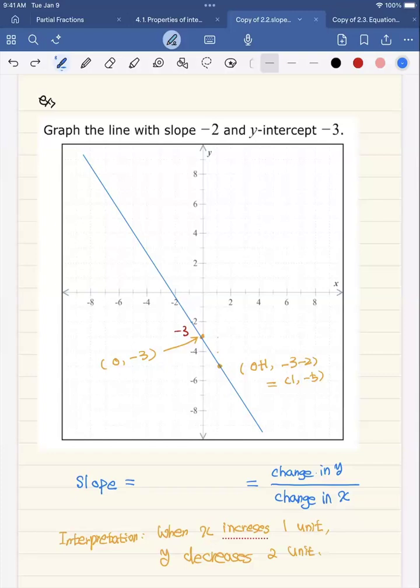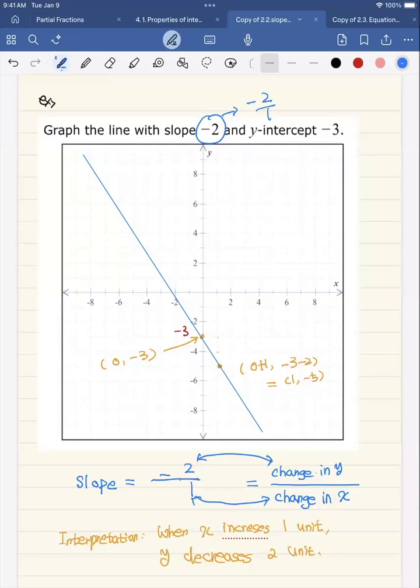Let's draw the graph of the line with a slope -2 and y-intercept -3. Slope -2 means slope is -2 over 1. That means change in y is -2 and change in x is 1.